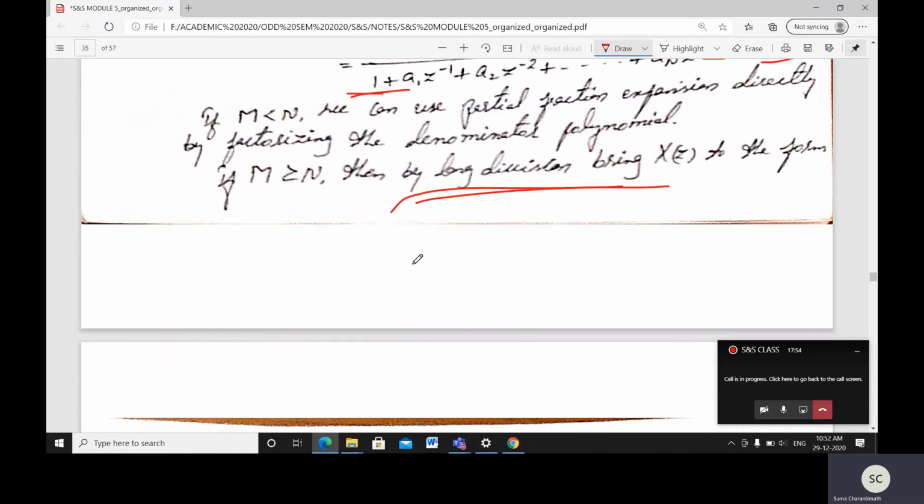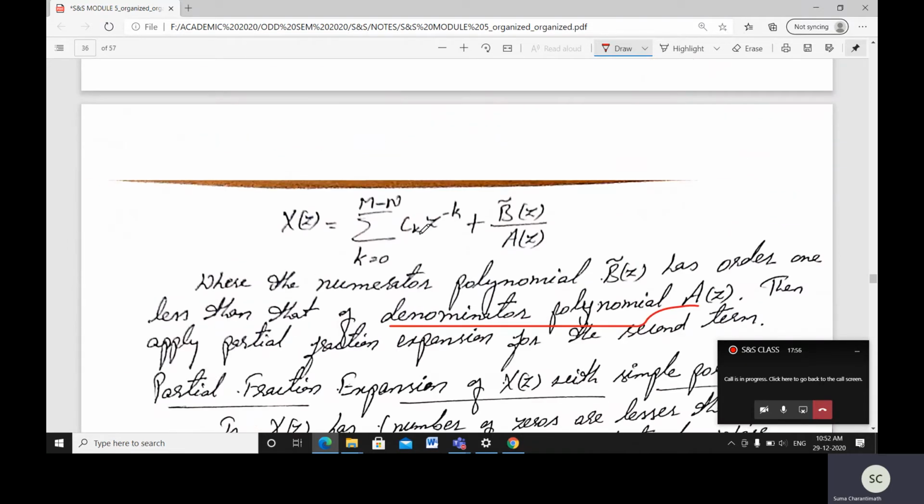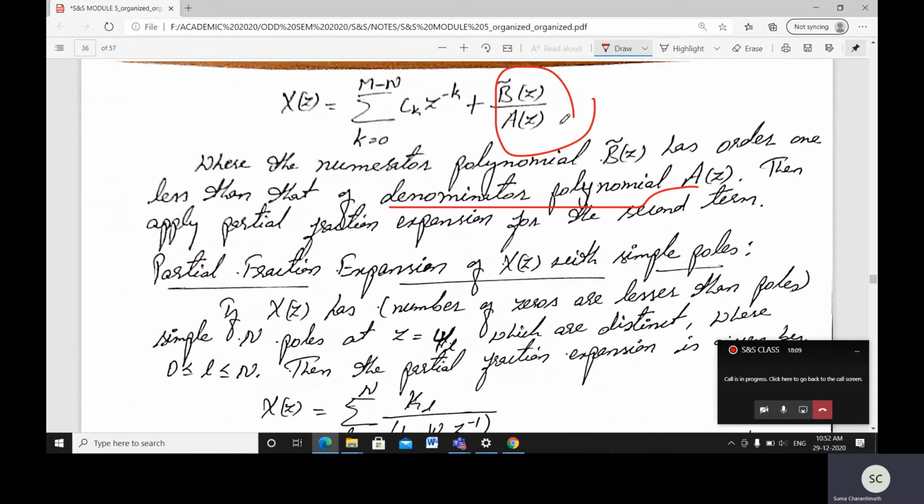From the long division method, the order of the numerator is going to be lesser than that of the denominator. Then we apply the partial fraction expansion to this whole function. While going through the problems, you will understand how we are going to solve them.